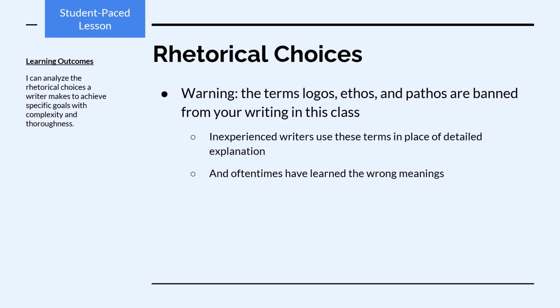Warning: the terms logos, ethos, and pathos are banned from your writing in this class. The reason for that is that inexperienced writers often use these terms in place of detailed explanation, which makes their analysis vague or otherwise unclear. Also, a lot of students have learned the wrong meanings of these terms, and they carry their misunderstandings into their analyses, which makes their analyses even more confusing.